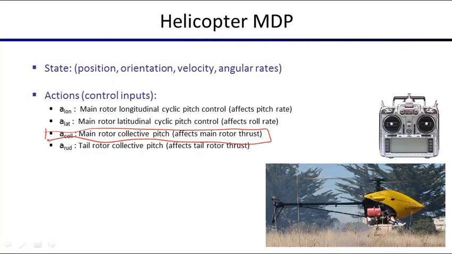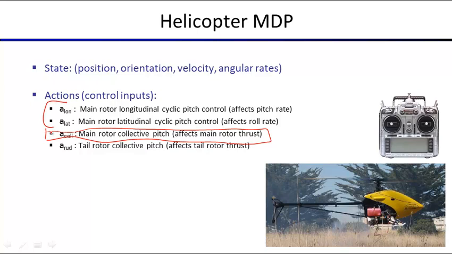Then, to make a helicopter fly forward or sideways, you actually can't just directly ask for that. What you have to do is tilt the nose down or roll it sideways to be able to move sideways or forward. And what you use for that is the cyclic pitch controls, these two here.